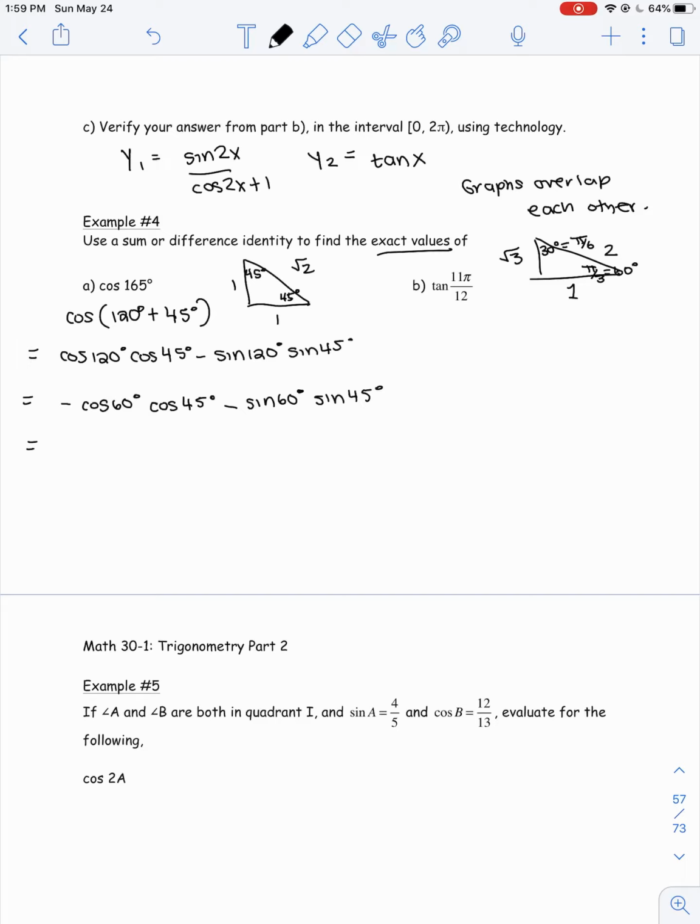Now, looking at 60 degrees, we know that cos of 60 is equal to adjacent over hypotenuse, so we're going to have to write negative 1/2. And then cos of 45 degrees is adjacent over hypotenuse, so that'll be 1 over root 2.